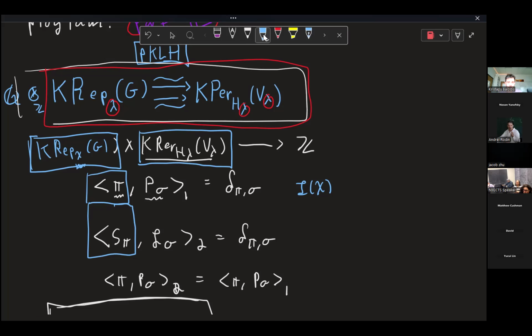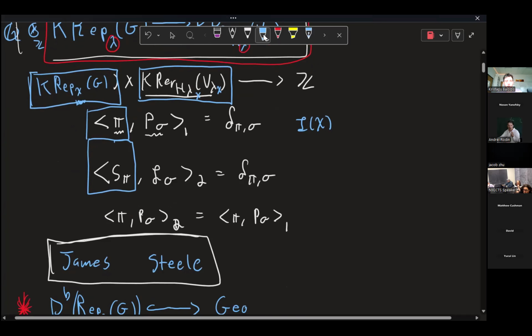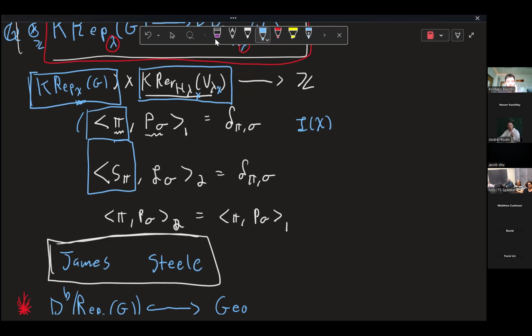Remember, chi determines our lambda here. One way to phrase the Kazhdan-Lusztig hypothesis is to say it's true if and only if both of these pairings are equivalent.